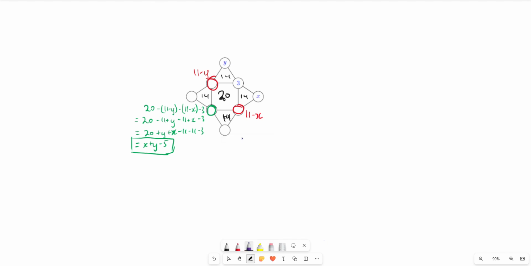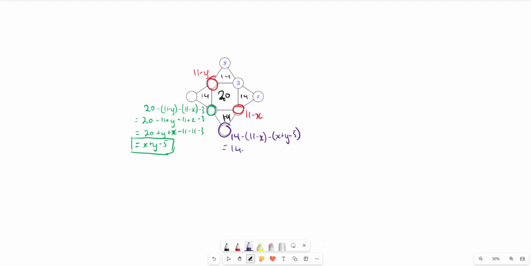Moving on, using purple here, because we already know 2 out of the 3 circles in this triangle, and we already know the total. So we can apply the same technique used. 14 minus (11 minus x) minus (x plus y minus 5) from here and from here. What is that equal to?